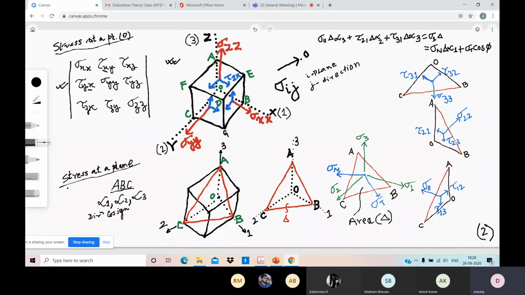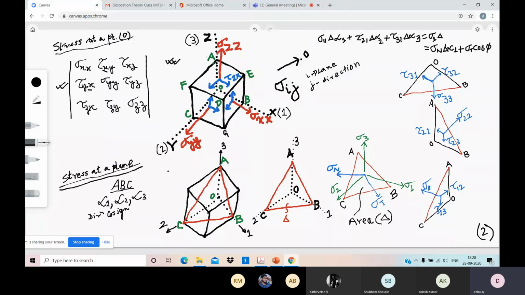Now we are interested to know the stress at a plane. What is the stress acting at any plane? We know the face planes and what stresses are acting. But if there is any arbitrary plane at any angle, any orientation, how do we calculate the stress on that plane?